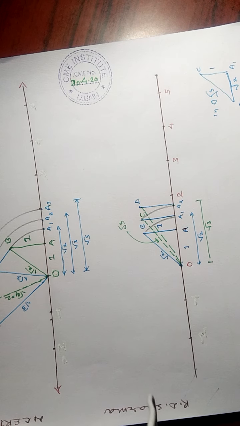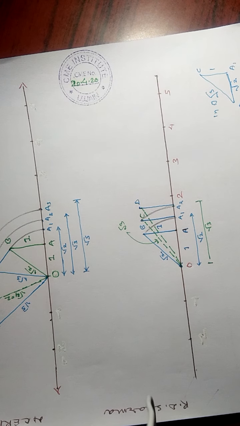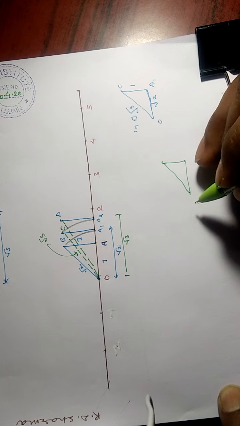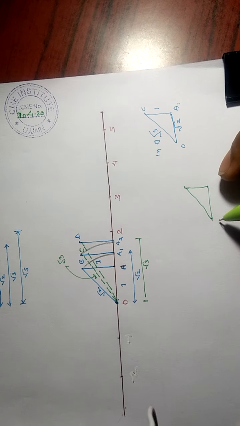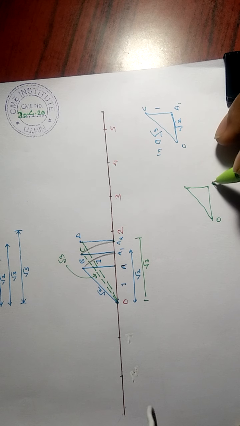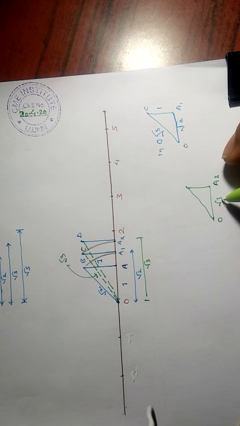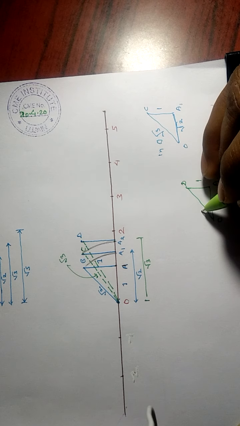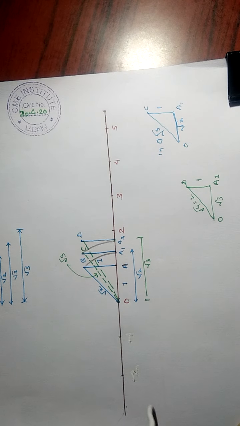Now you have another right triangle in which OA2 is equal to root 3 and A2D is equal to 1, then it will represent root 4, which is equal to 2.